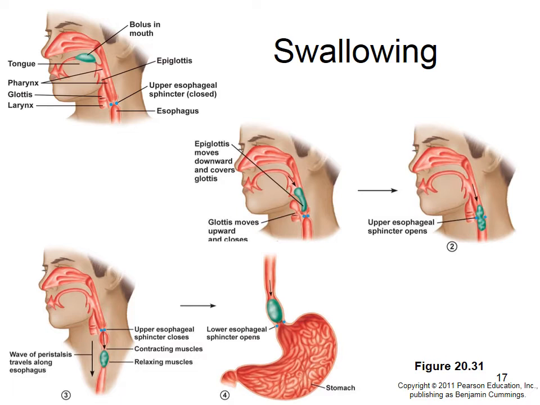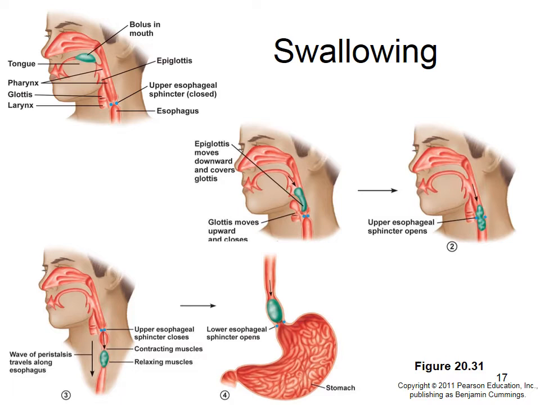Okay, so the swallowing reflex causes the epiglottis to cover the glottis so that you don't choke, and then the upper esophageal sphincter opens, and then that bolus of food is going to enter your esophagus, and then you're going to start peristalsis. Okay, so muscle's going to contract and move that bolus of food all the way down to the stomach. Okay, once that bolus of food hits the lower esophagus, the lower esophageal sphincter will open.